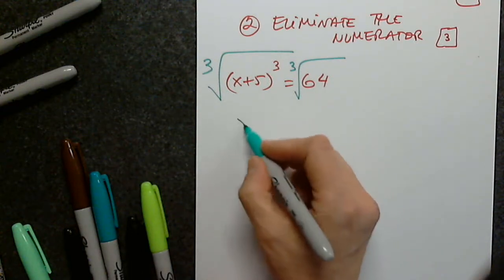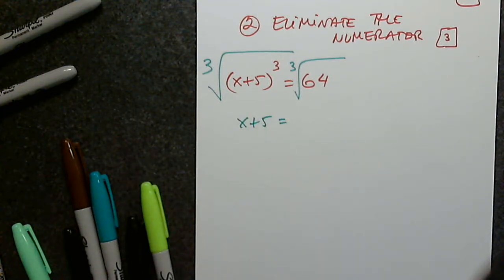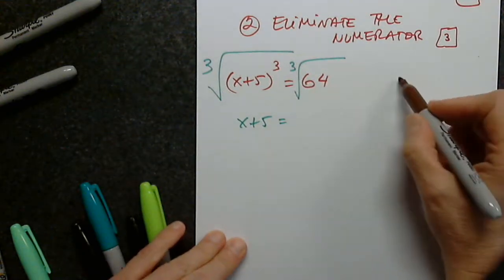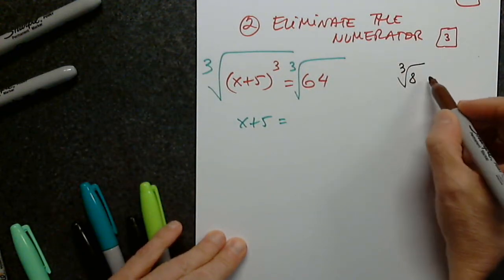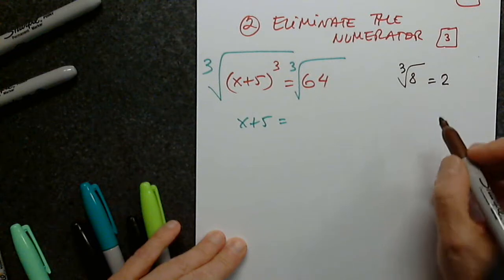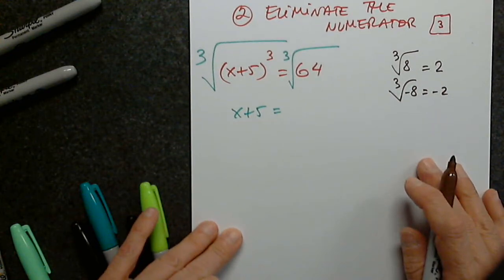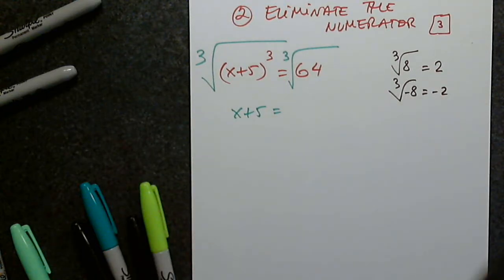So the left-hand side, x plus 5. The right-hand side, let me refresh your memory on this. When we take the cube root of 8, the answer is 2. The cube root of -8 is -2. So the point I'm making is every time we take the odd root, the answer in an equation like this will always be 1.